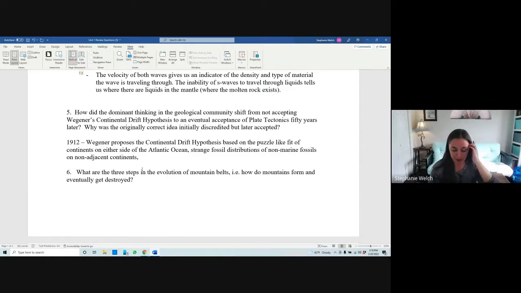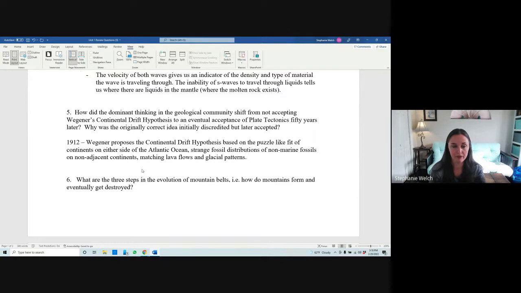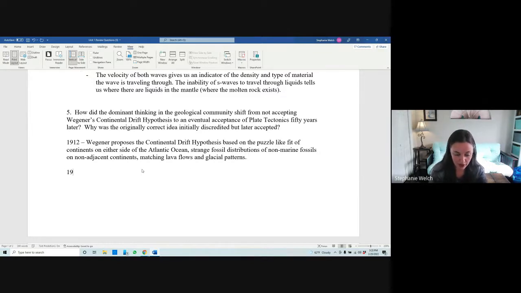And then the last little piece here is matching lava flows and glacial patterns. Okay, so he comes up with a pretty decent working hypothesis.